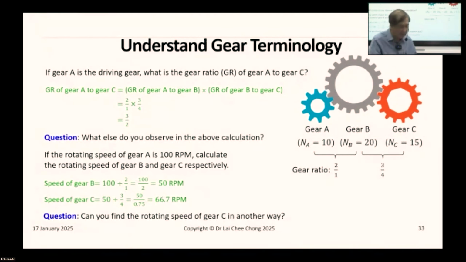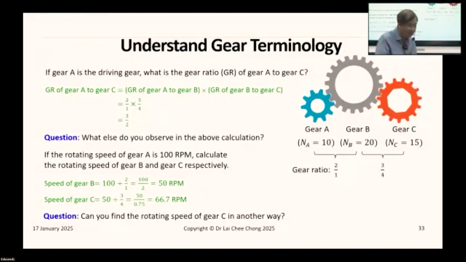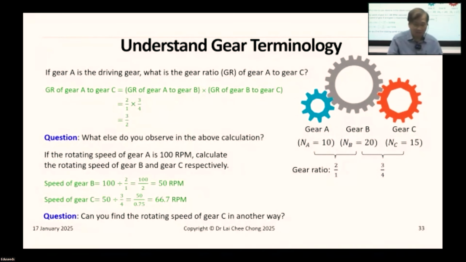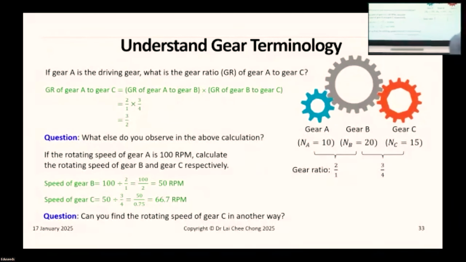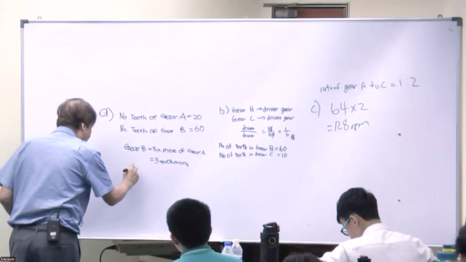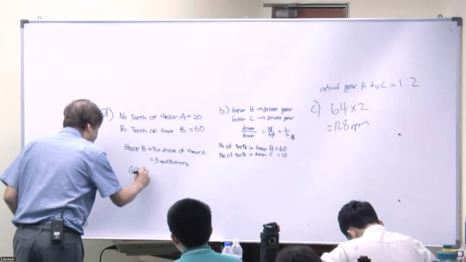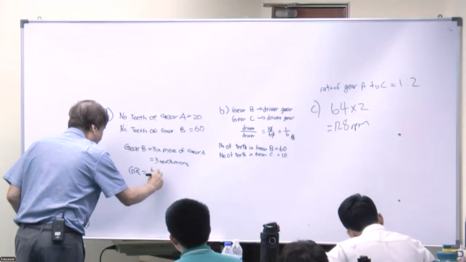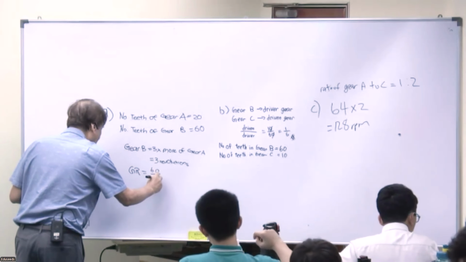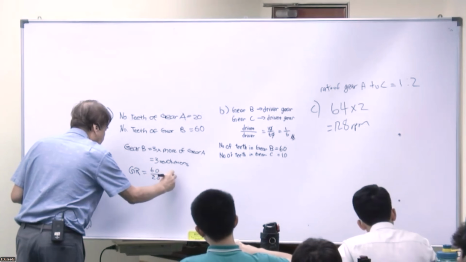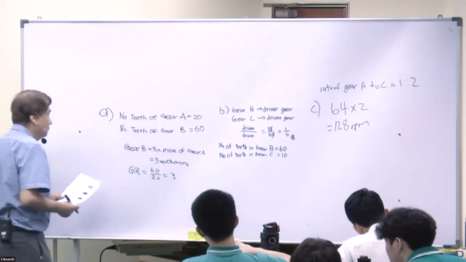So in that case, even though the gear ratio is 60/20, fair enough, the gear ratio in this case is 60 over 20, which equals 3. You say that. Now, what does this mean?